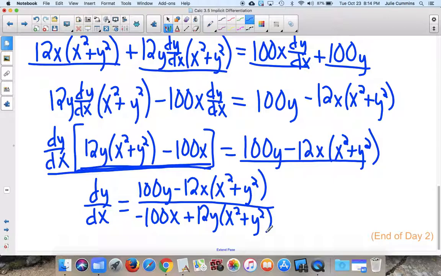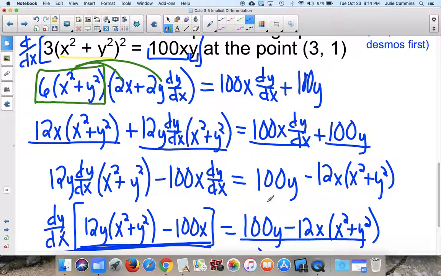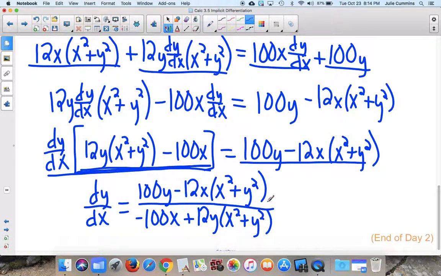Yay! We wanted to evaluate at the point, I'm thinking it was (3, 1). Let's check. Yep, (3, 1). Okay, so we are going to plug in (3, 1). We need more space, but yay, end of day 2 once we're done with this problem. So let's see if we can get more page here.